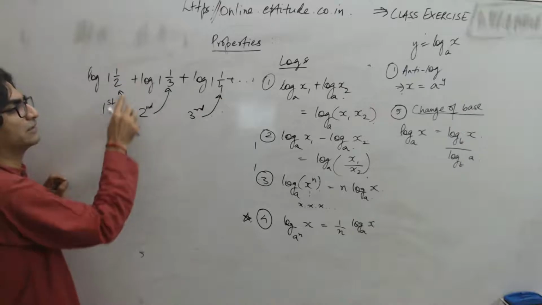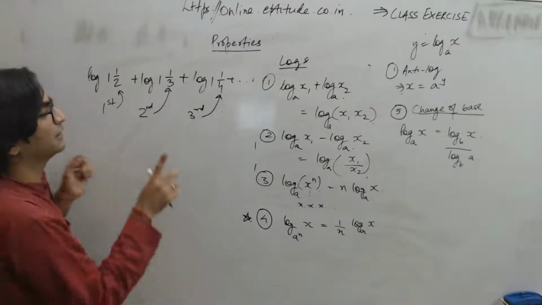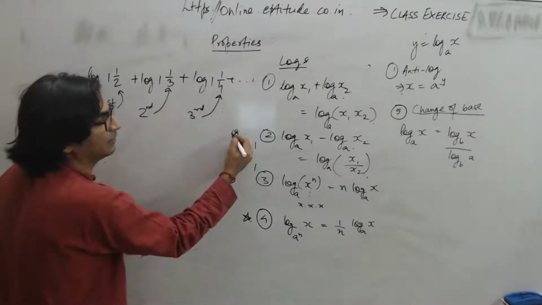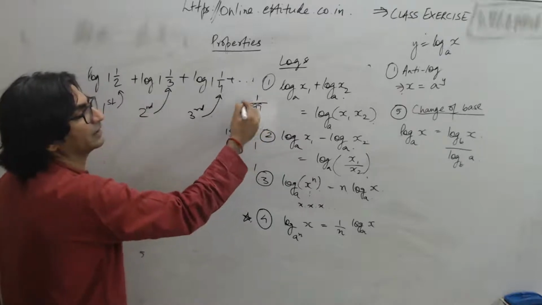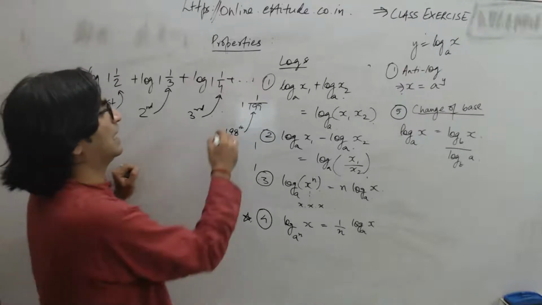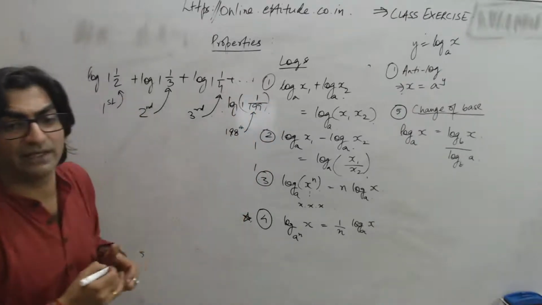What is the pattern? Whichever term you want, add 1 to it and put that in the denominator. So second term becomes 3, third term becomes 4, so the 198th term would make it 199 in the denominator. So 1 by 199. That's the first inference. I can then generate the last term, the 198th term.